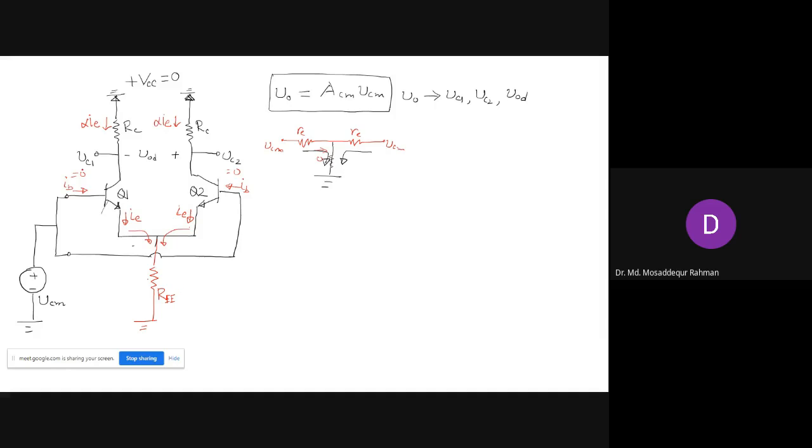So then you will have VC1 and VC2, right? You have the voltage at both the collector terminals, right?